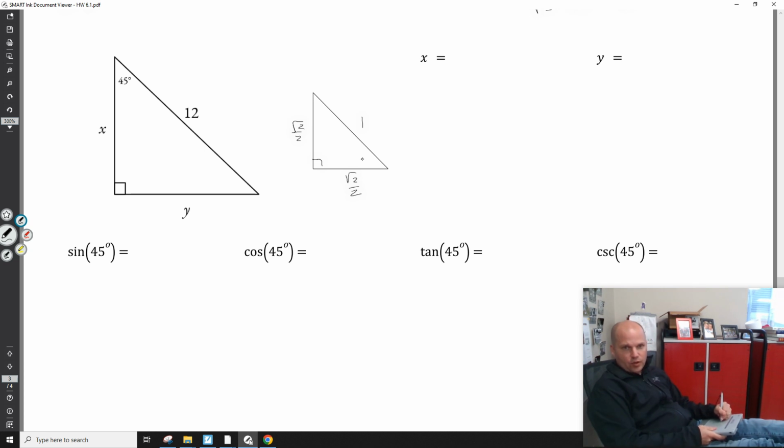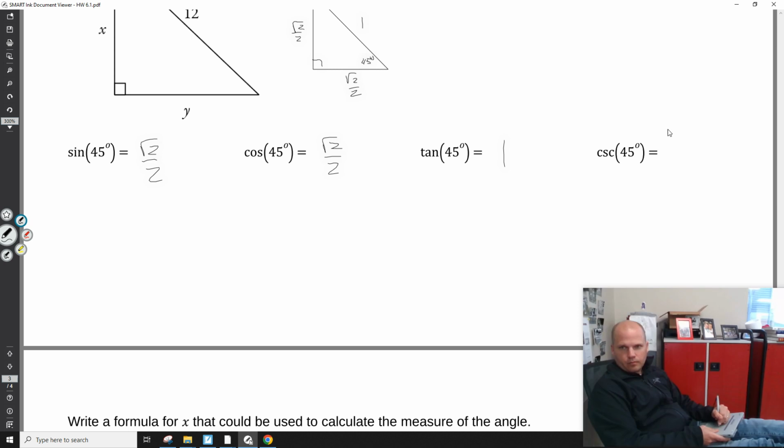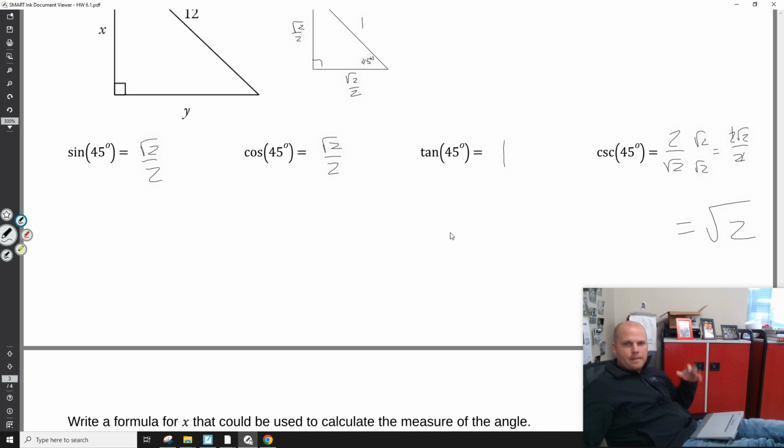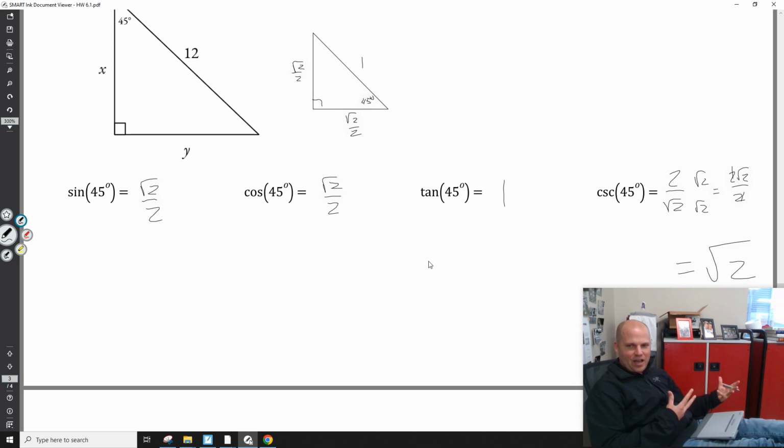The sine of 45 degrees, it doesn't matter where the 45 degrees is, it'll be the same here or here, is root 2 over 2. The cosine is root 2 over 2. The tangent is 1, and the cosecant is root 2. Okay? Did not have to do the calculations with different values because we know they're going to be the same.